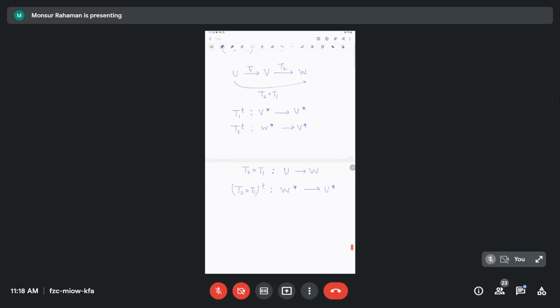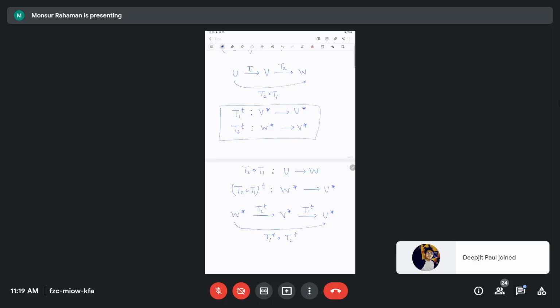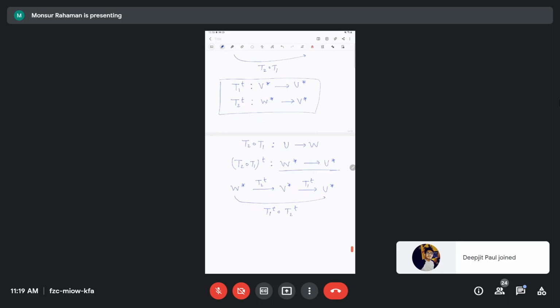Now, if you write W star to V star, this is T2 transpose, and V star to U star is T1 transpose. So W star to U star is T1 transpose composed with T2 transpose.